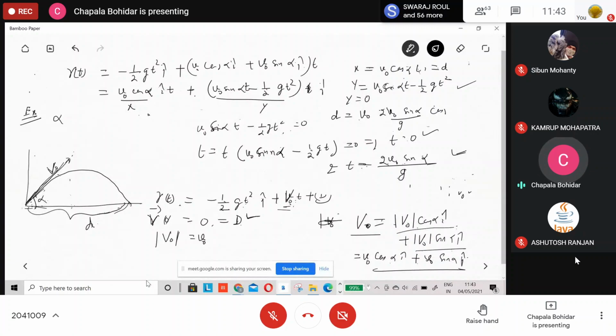So what we get here is v0 square, 2 sine alpha cos alpha, which is sine 2 alpha, divided by g.